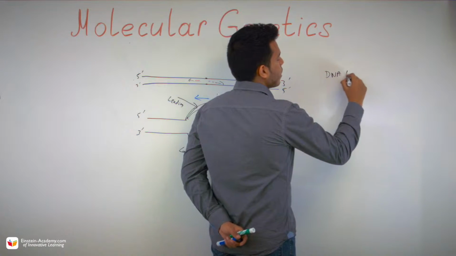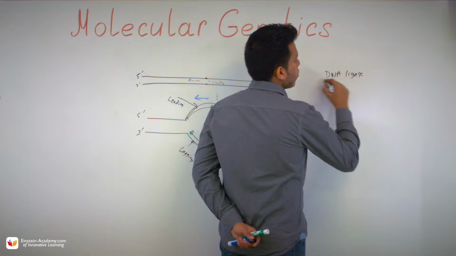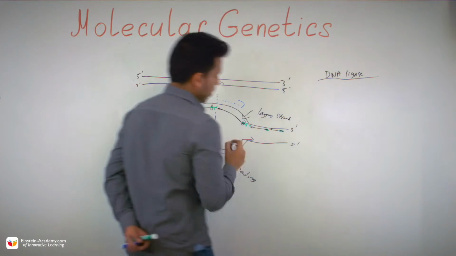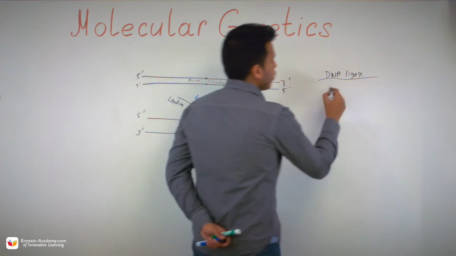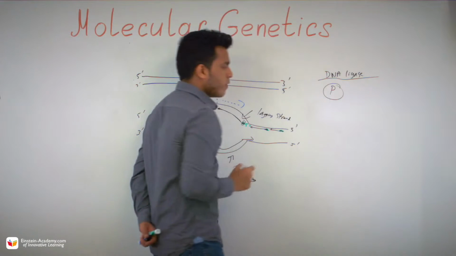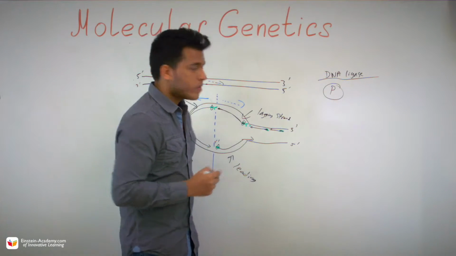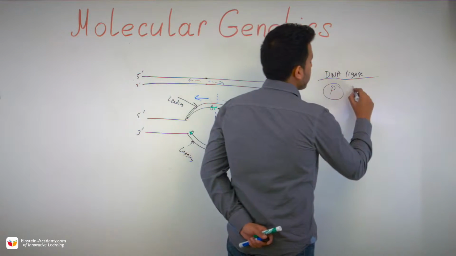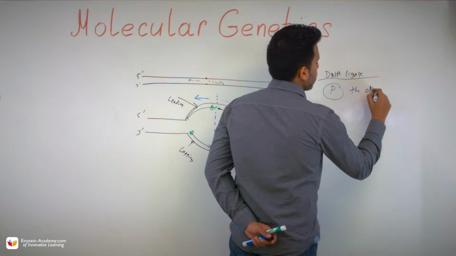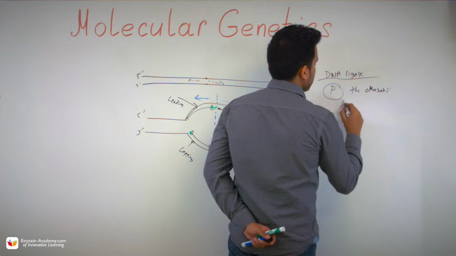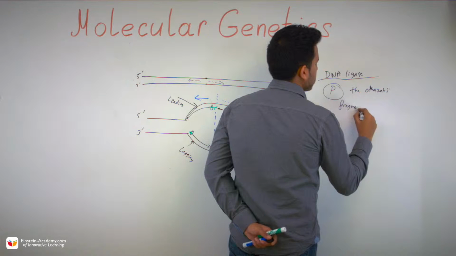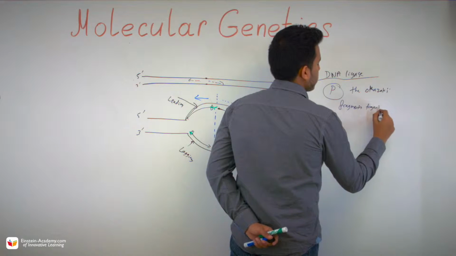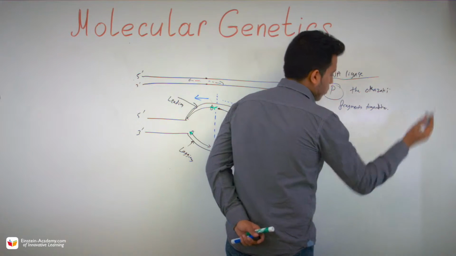DNA ligase will phosphorylate the Okazaki fragments together. Remember in my other videos, I'm going to write phosphorylate with this symbol because I'm very lazy. DNA ligase will phosphorylate the Okazaki fragments together. Or it will ligate, whatever you want to use.